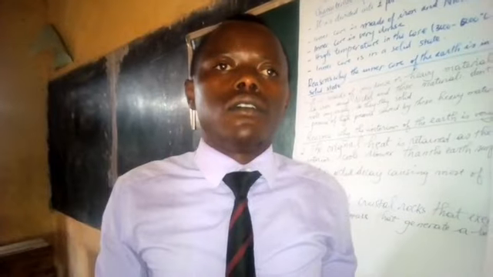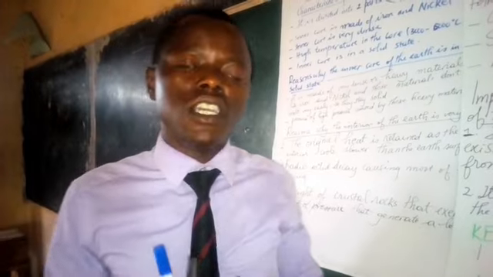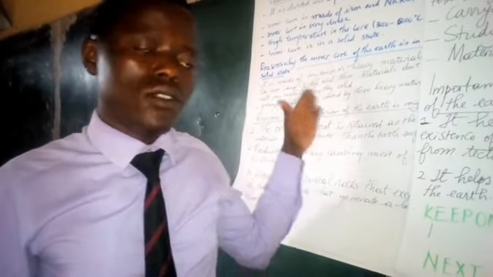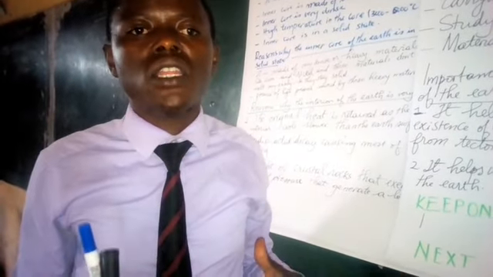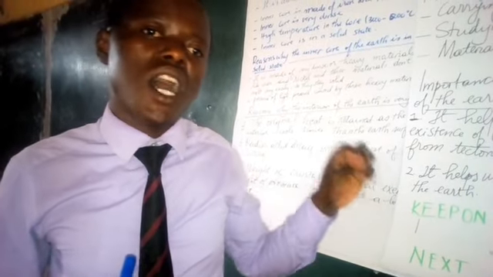So, in sum up, we have seen the internal structure of the earth, where we described different layers starting from crust, mantle, and core.